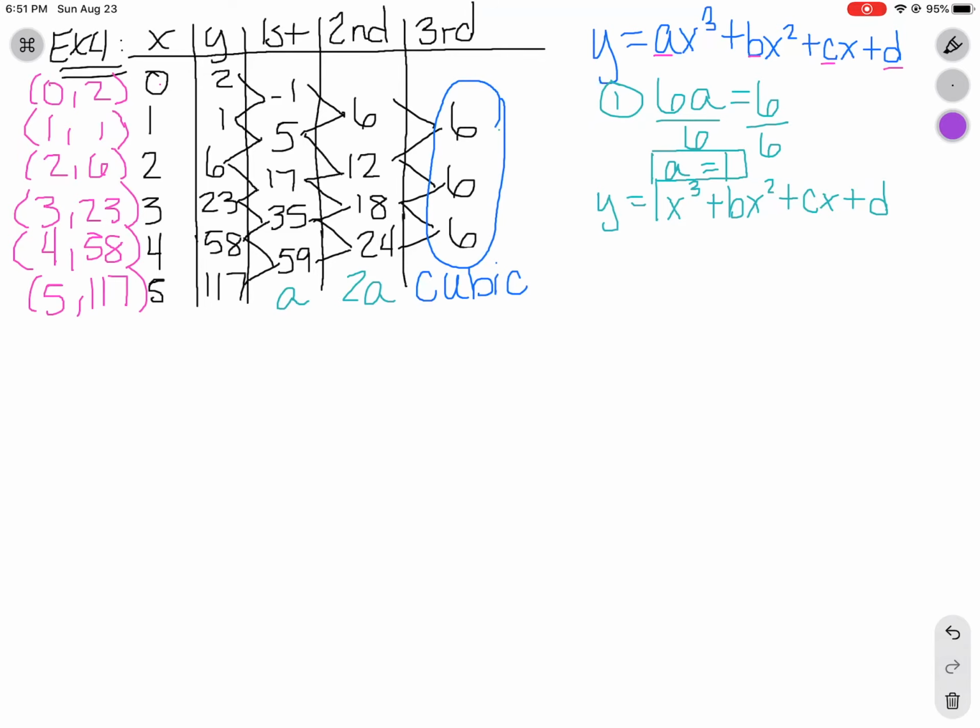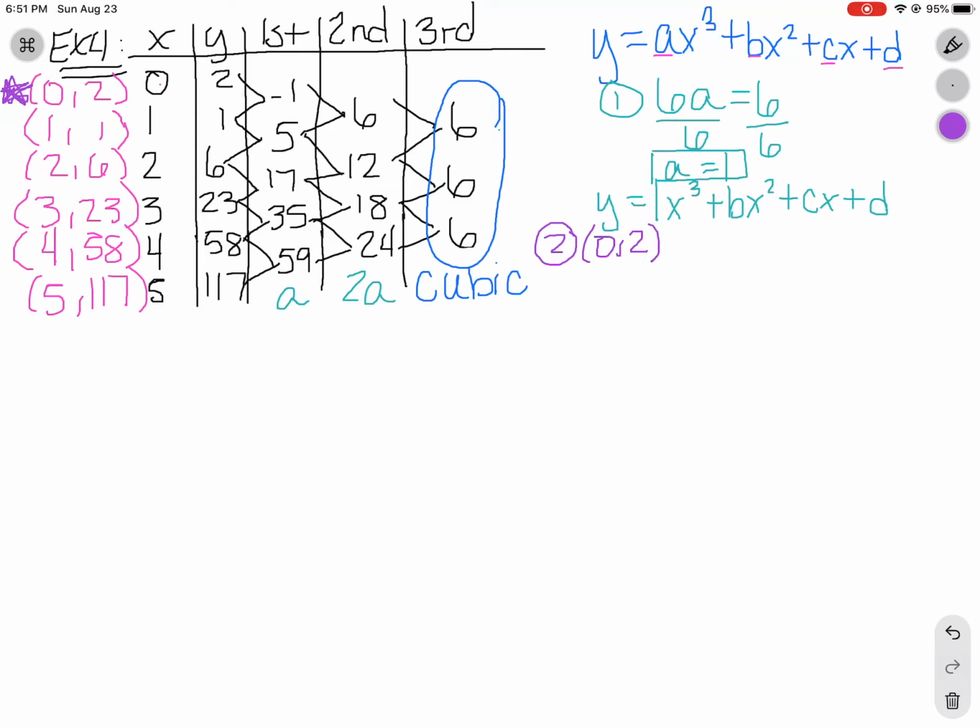I'm going to change colors for my second step. For my second step, I'm going to go into my point values because I'm going to use one of them. Now, you might just think, okay, we're going to use the top one. I want you to use whichever one that x is equal to 0 because that's going to be the easiest one. So in this case, it is the top one. Since x is equal to 0 in this one, I'm using 0, 2.